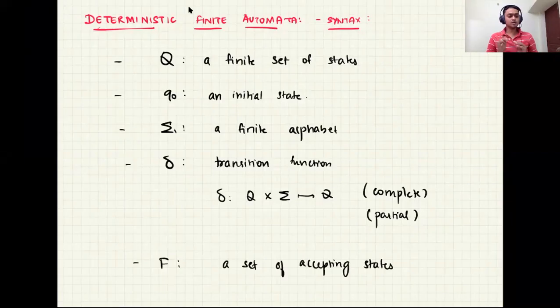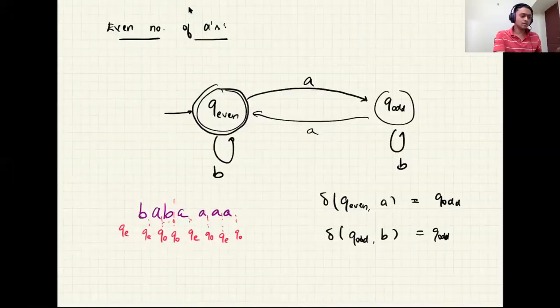So this is the formal definition of what an automaton looks like. This picture is very intuitive, but there might be several questions. What is this? What is that? Can I have two arrows and things like this? Now this formal definition fixes all these things. You can have only one initial arrow.